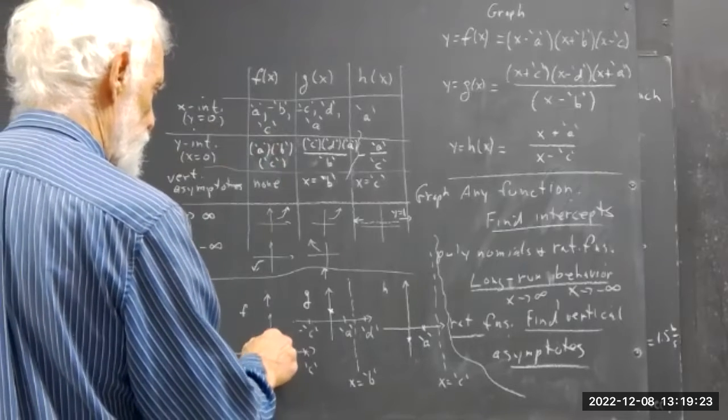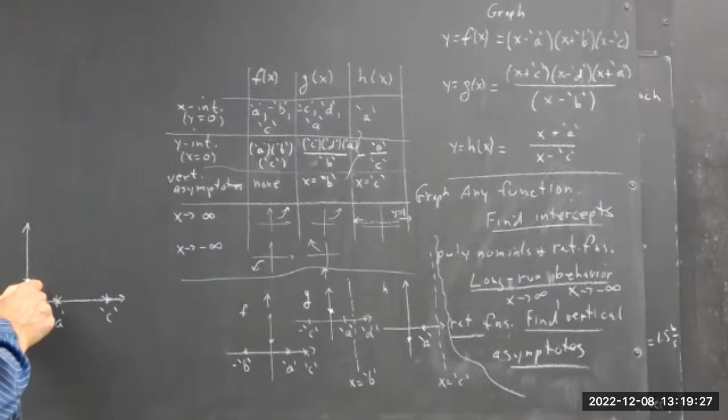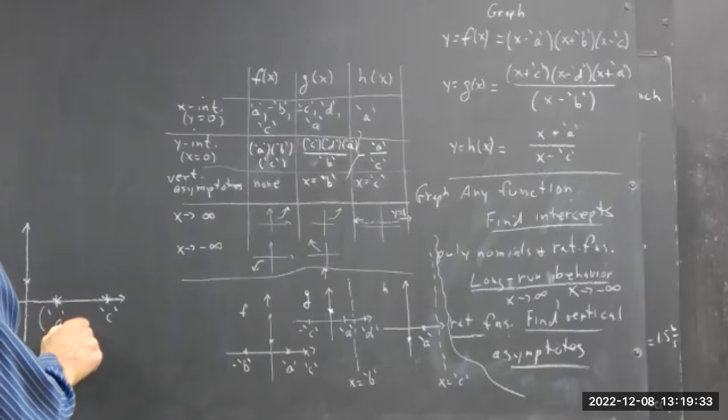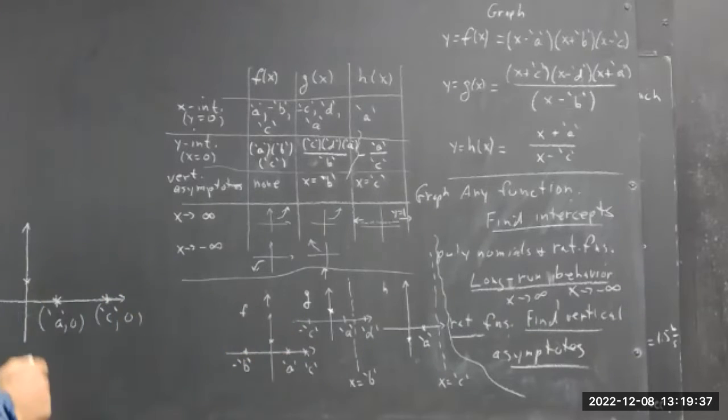It's going to be positive. And now I can label this point. Actually, this is negative B, 0, this is A, 0, and this is C, 0. I didn't have room to write the zeros here. And this, I'm not going to label just yet. I want to see where my curve goes, but it has to go through this point, which is A times B times C.